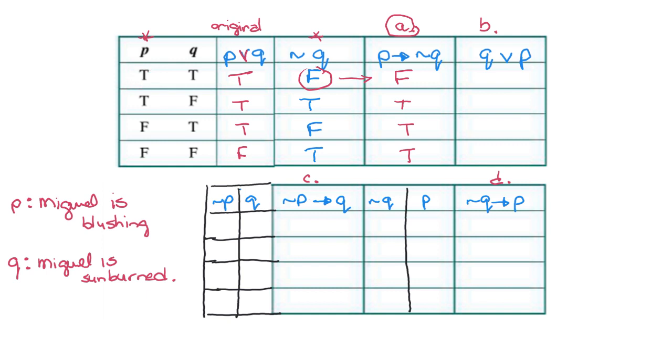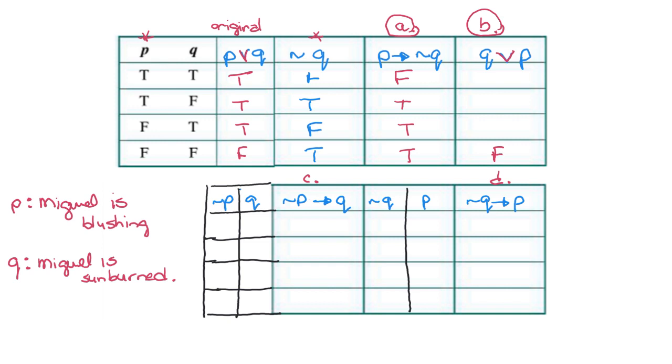Let me erase what I can around here. All right, the next one we want to look at is the B statement, and it says Q or P. Remember, for the disjunction, if they're both false, the answer is false.